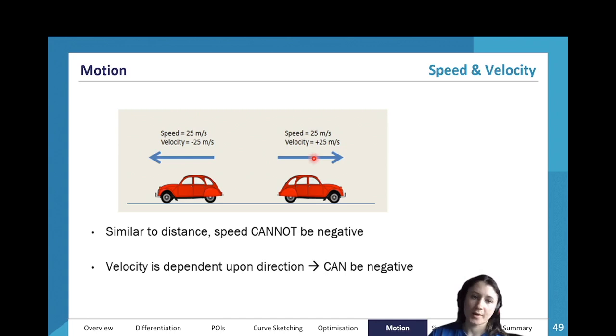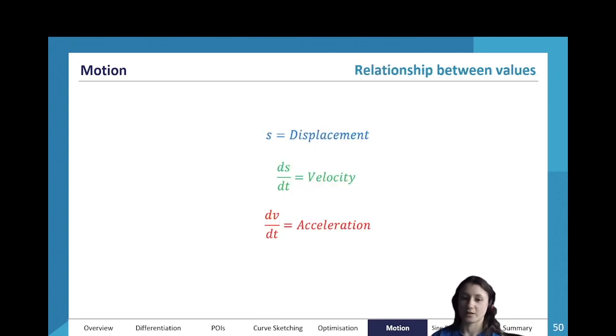So if you're going in a positive direction, your velocity will be positive 25 meters per second. If you're going in the opposite direction, your velocity will be negative 25 meters per second. So these are the values that you need to understand.